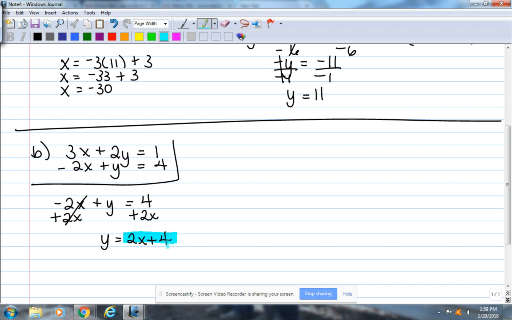And we use the second equation, right? So we plug it in for y in the top equation. Because y equals 2x plus 4, I can replace 2x plus 4 anywhere I see a y. Y'all with me? Okay. So top equation, I'm going to say 3x plus 2 times (2x plus 4) equals 1.